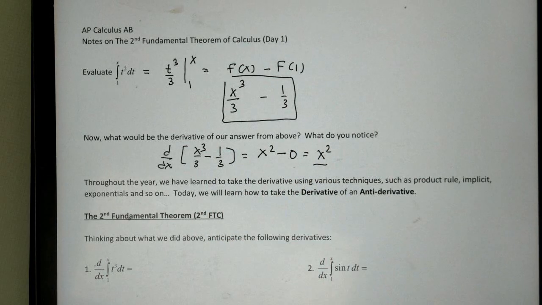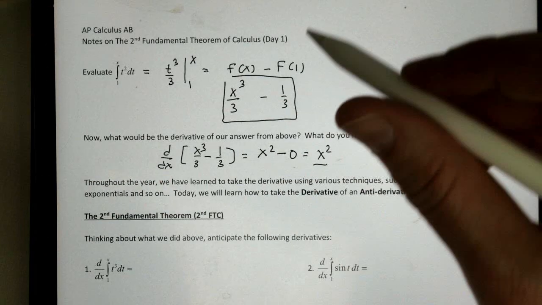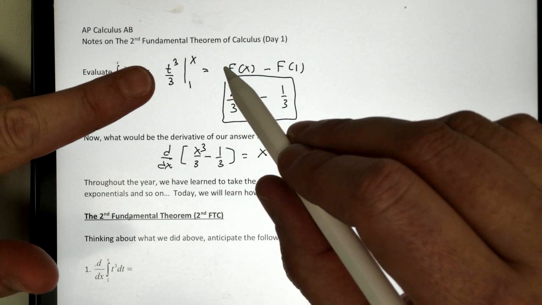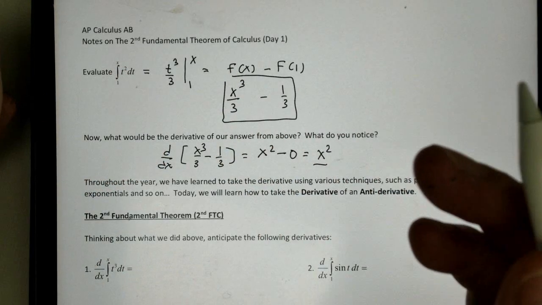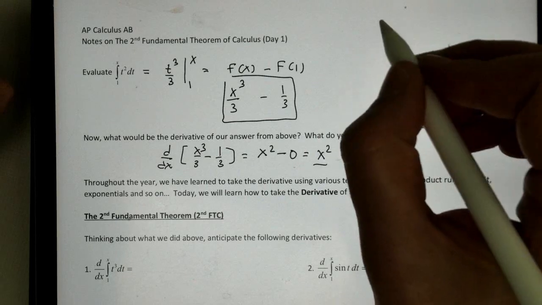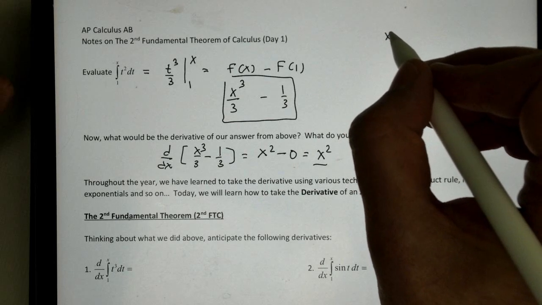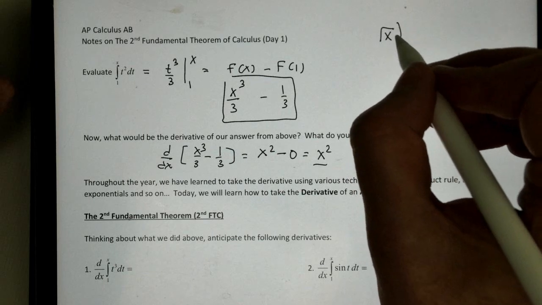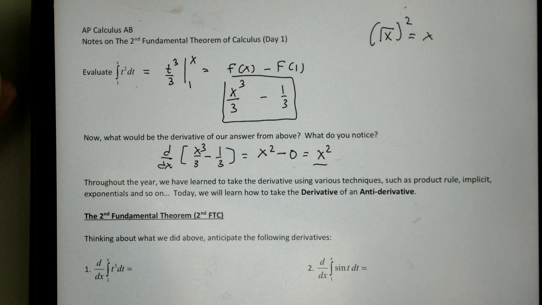So the next question asks us, what do we notice? Well, the first thing I noticed, I took the antiderivative, and then I took the derivative. And anytime I do an inverse of a function, for example, if I take the square root of x and I square it, since these are inverses, we should just get our x back.